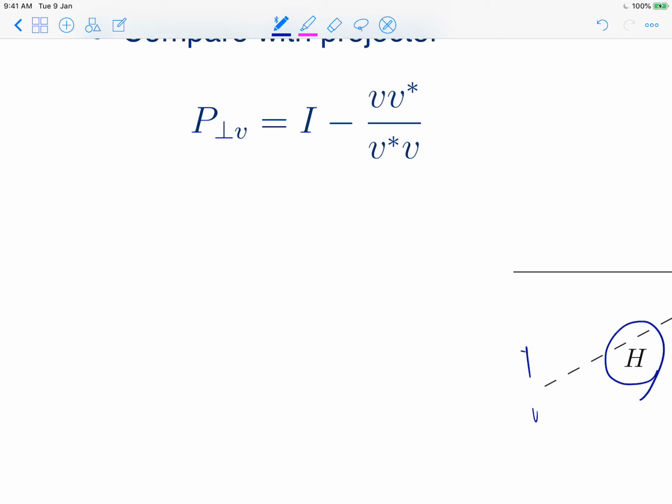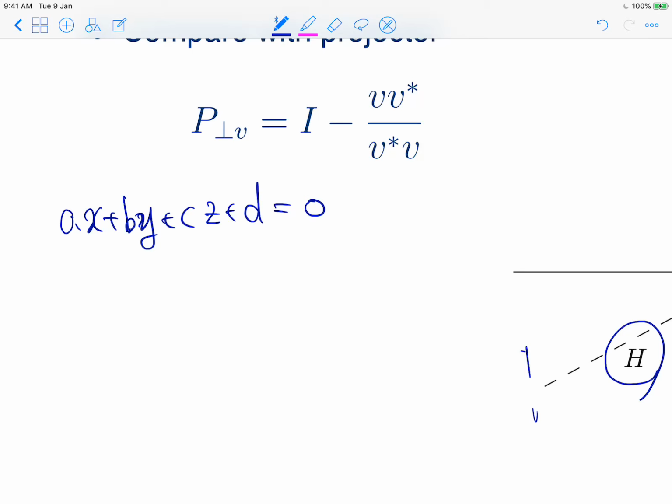I think I described this in our class. From high school, we know this is the equation for a plane in 3-dimensional space.